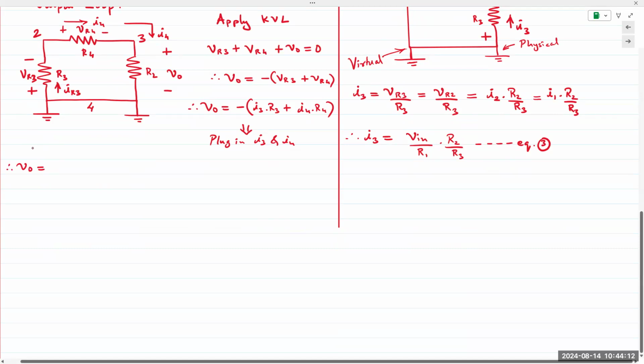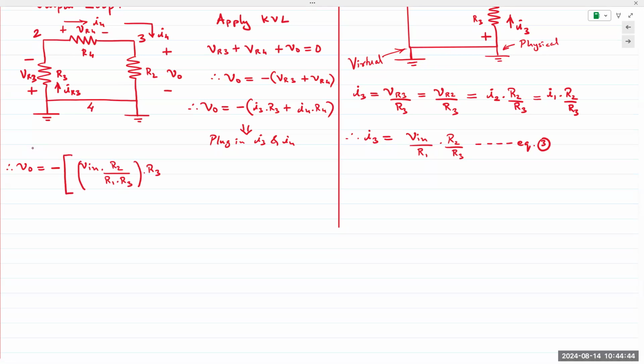Okay, so there's a minus sign outside first. Then I3 is given by V in times R2 divided by R1 times R3. And this whole thing is then multiplied by R3. This is going to be the big equation. I3 is V in times R2 over R1 times R3.